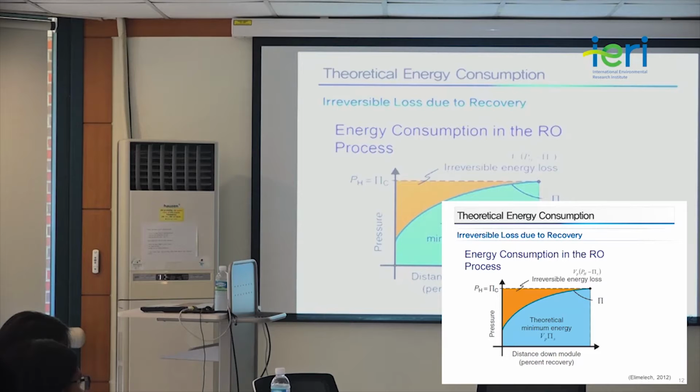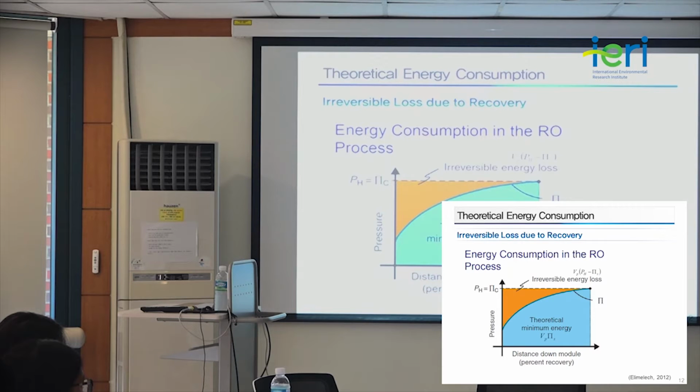So this is the direction along the membrane module, and this is the salt concentration. Initially we have this feed concentration, but when this water is getting out of this system, we'll have a concentration which is higher than the feed concentration.